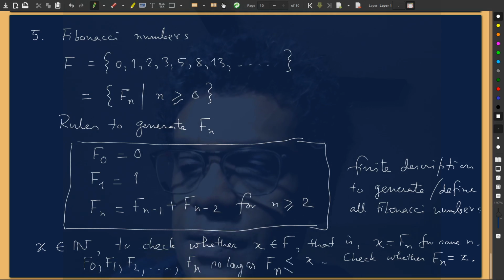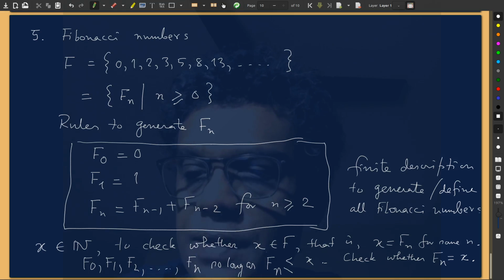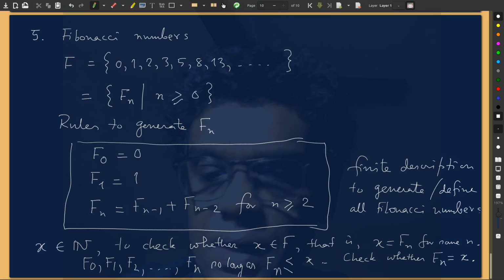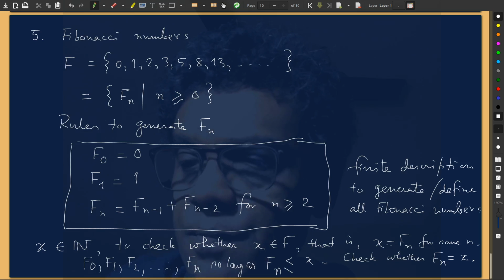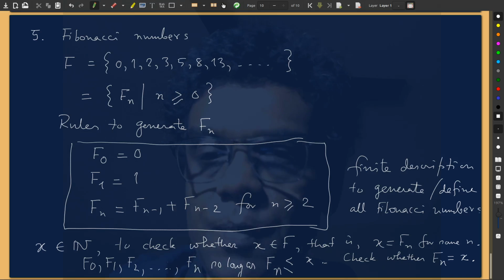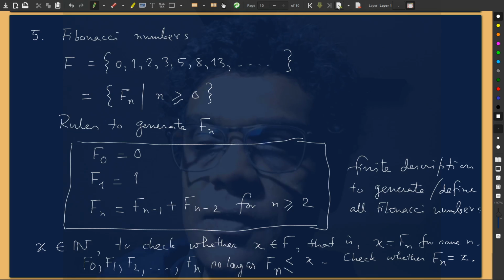Once it exceeds x, there is no point moving further. Okay, and the largest Fibonacci number that you have generated using this recursive formula, you just check whether it is equal to x. If it is equal to x, then the given x is a Fibonacci number. If it is not equal to x, then x is not a Fibonacci number. So this is an algorithm for doing it, not necessarily the most efficient.